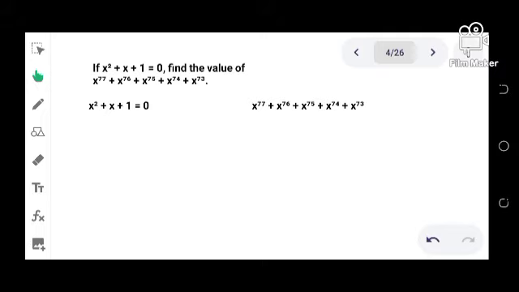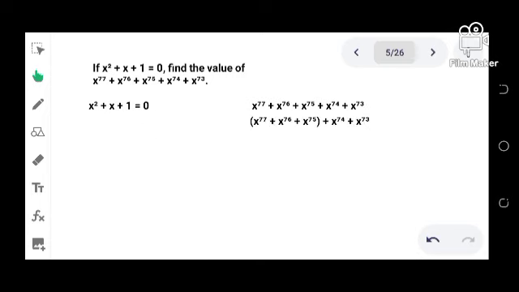We'll see if some or all of the terms of this expression can be rewritten into this form. Since this has three terms, let's consider the first three terms here and see if they can be transformed so that it will contain this one.